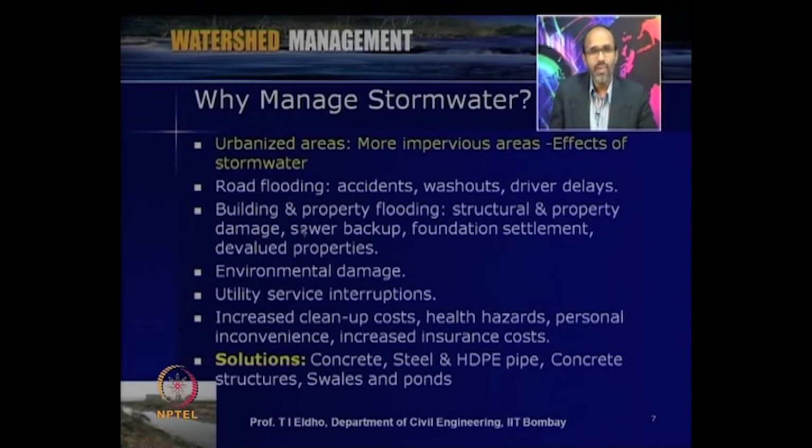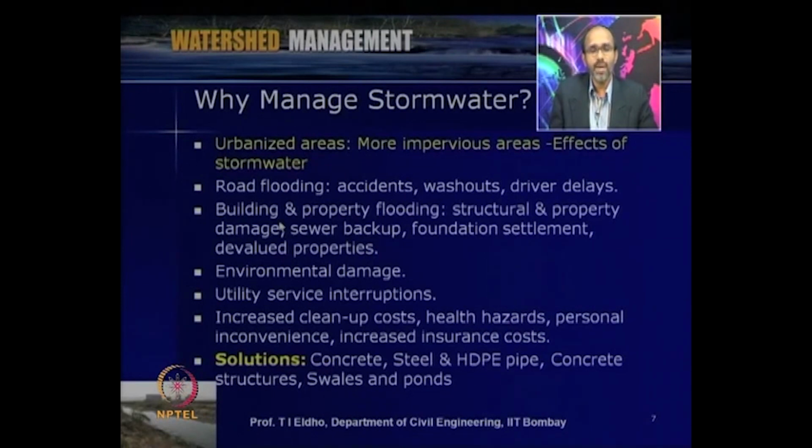When the stormwater goes through the sewer systems, backup will take place, and that will be another environmental problem. And then there can be problems like foundation settlements, devalued properties, etc.